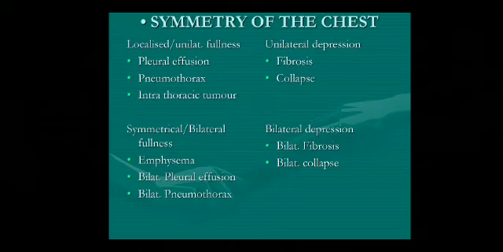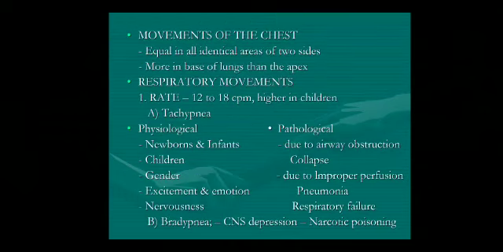Next is the movements of the chest. You should look for the movements of the chest, that is, the respiratory rate is around 12 to 16 breaths per minute. If there is an increase in the respiratory rate, you call it tachypnea, and a decrease in the respiratory rate is called bradypnea.